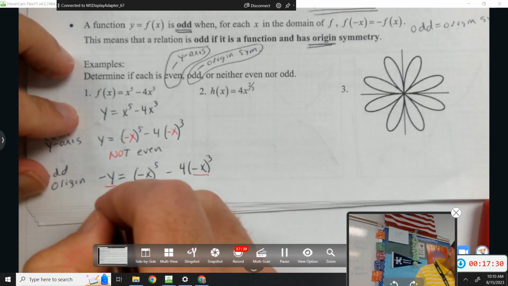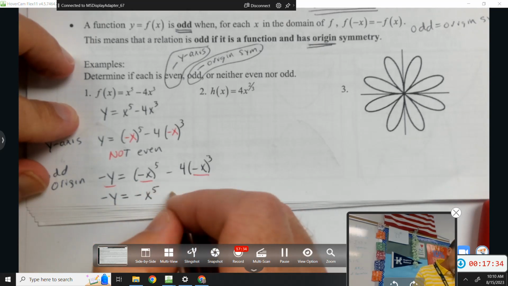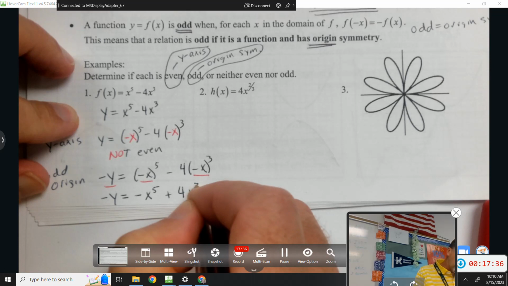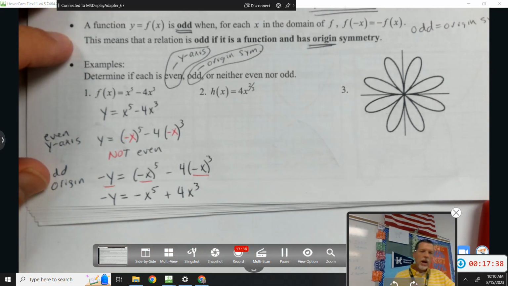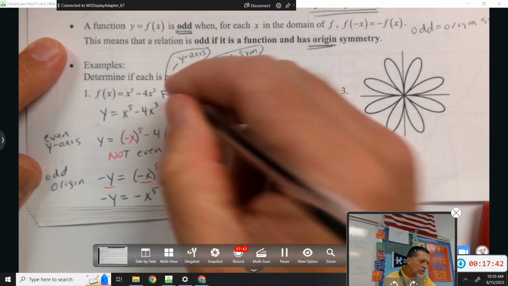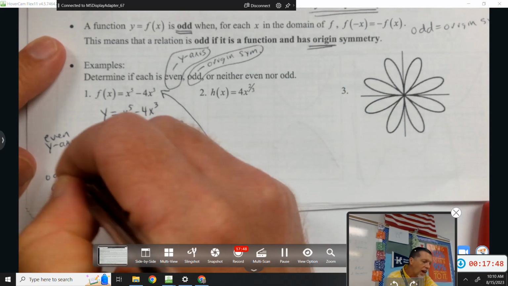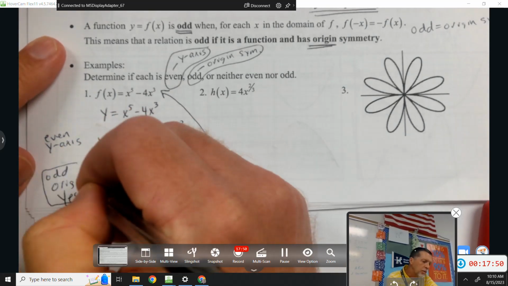I'm going to show one more step here. Negative y equals negative x to the fifth plus 4x cubed. Is that the same as the original? Yeah, if you divide by -1, you make it the same. So yes, it does have origin symmetry, which means it's odd.